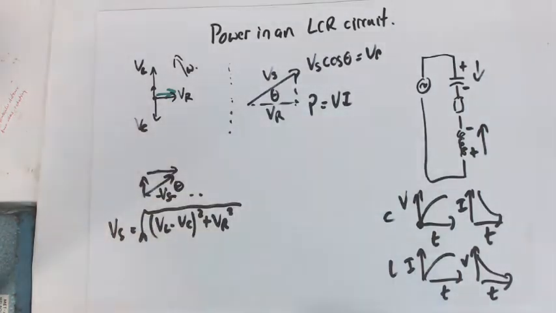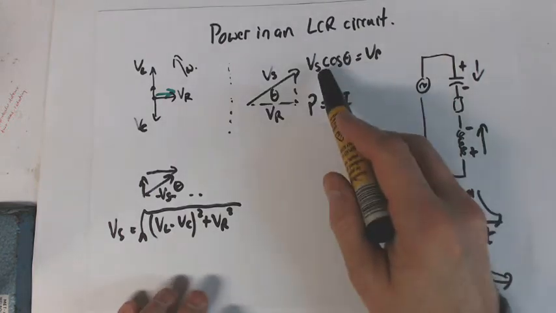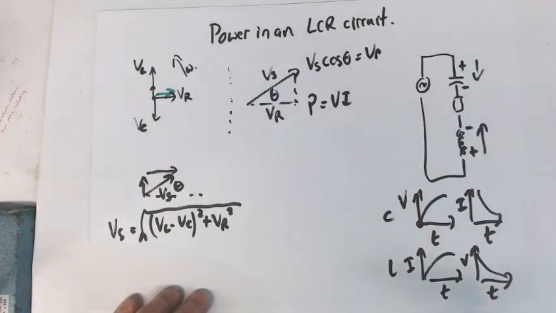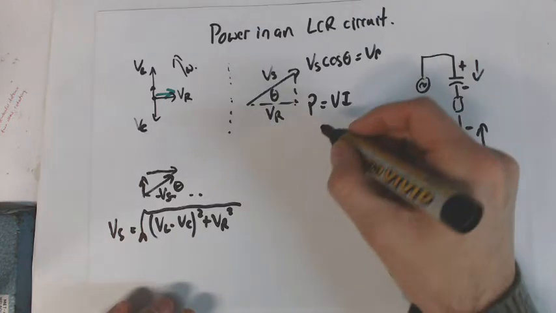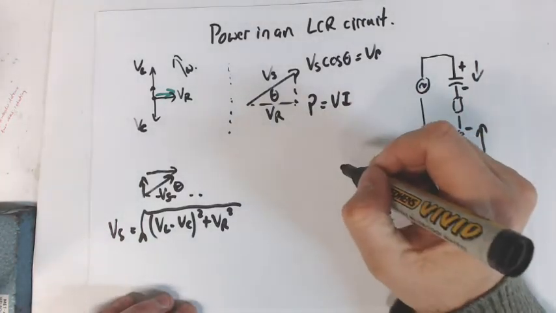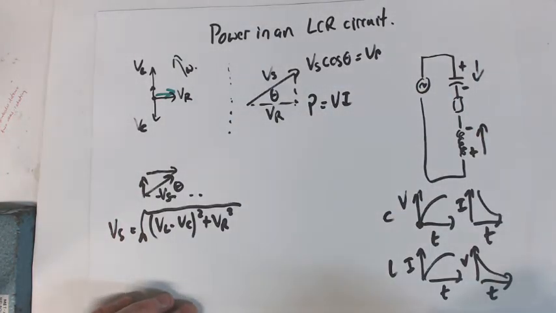But the voltage in the resistor times the current will be the power being used. So that's Vs cos theta equals VR times the current. If we say that power equals that, we've got to ask ourselves, are we talking about RMS power or peak power?